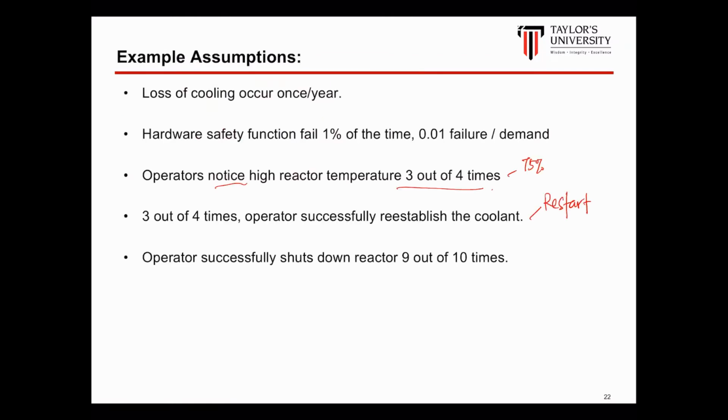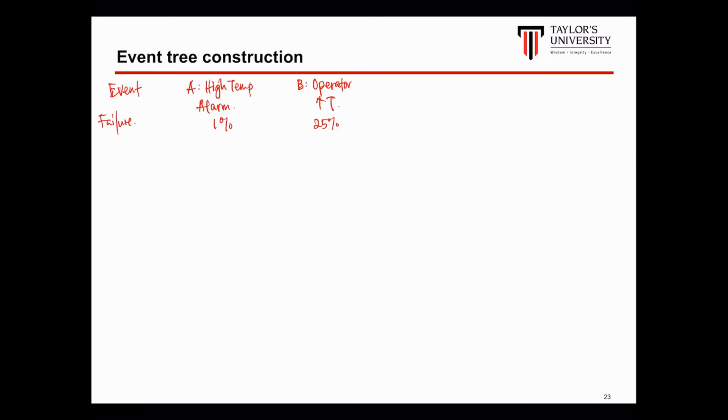Once they notice, what they do is restart the system. Again, 3 out of 4 times, meaning a 75% success rate, to restart the system. So here we say restart, and again the failure rate is 25%. If we can restart, everything goes back to normal and operations continue.